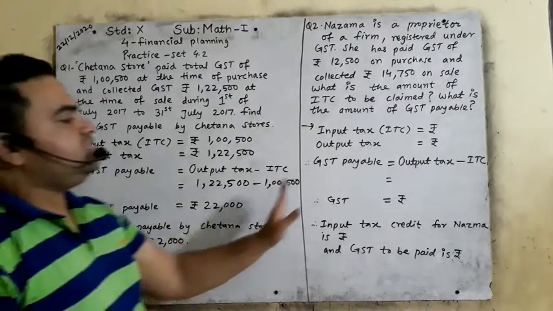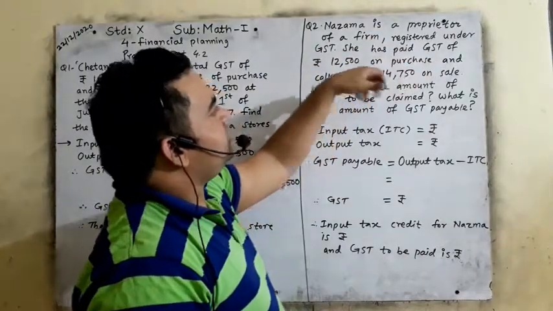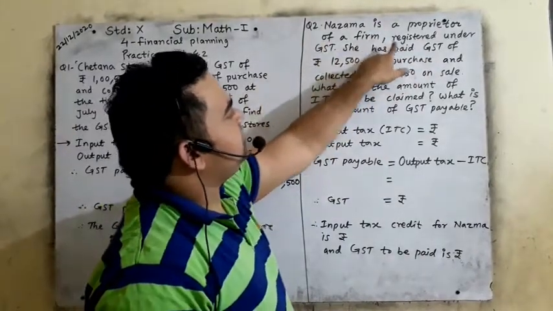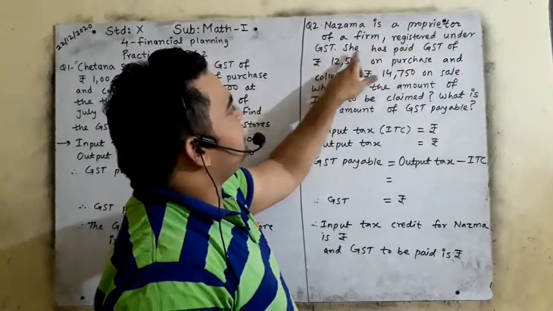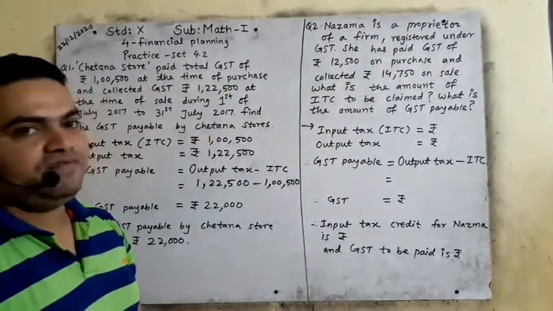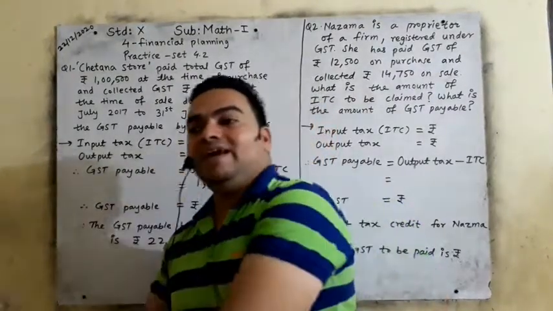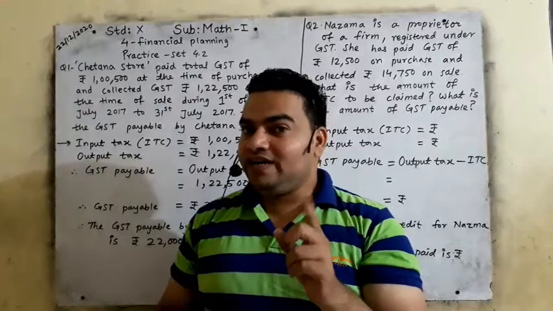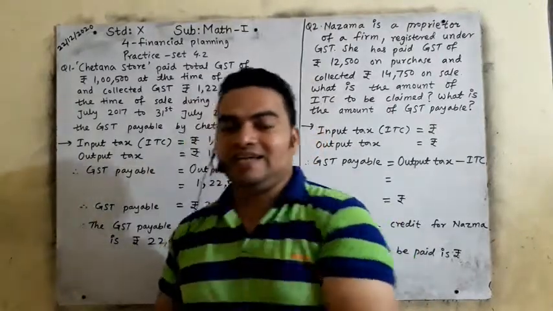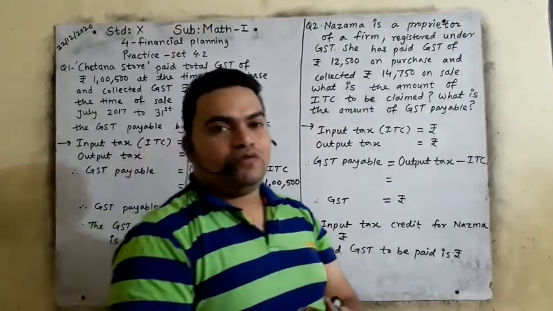The same question is question number 2. See, Nazma is a proprietor of a firm registered under GST. She has paid GST of rupees 12,500. She has paid, यानी नजमा ने paid किया, it means it is input, right? नजमा ने जो pay किया, that is input, and Nazma will collect, that will be your output, right?